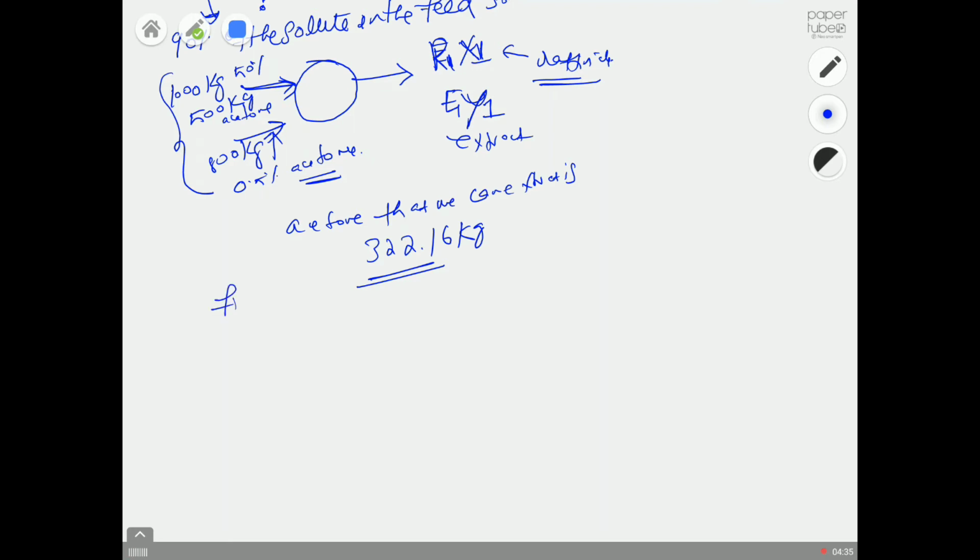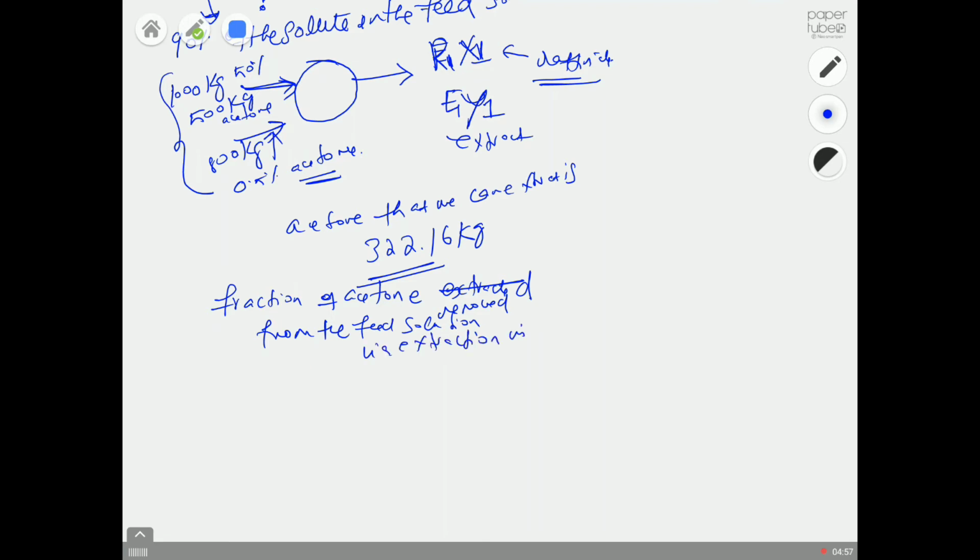The fraction of acetone extracted, or removed from the feed solution via extraction, is: we know the starting material 1000 kg contains 500 kg, but we actually removed 322.16 kg. So the fraction we extracted is 322.16 divided by 500, multiplied by 100.